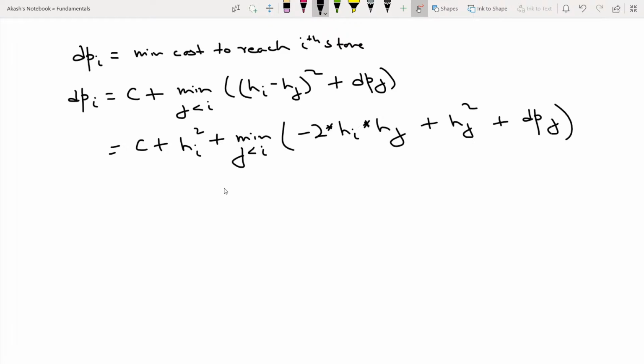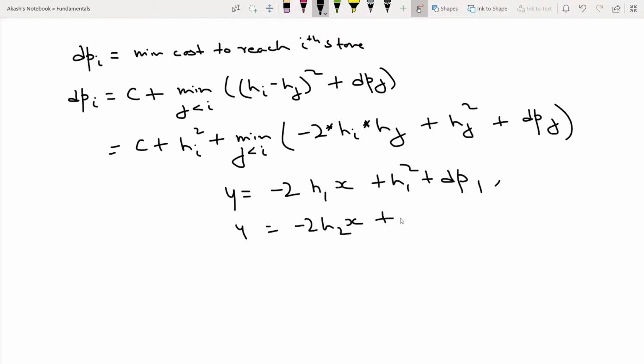So suppose we have all those straight line equations like this. Suppose we have y equals minus 2 h1 x plus h1 squared plus dp1, and we also have another line equation, y equals minus 2 h2 x plus h2 squared plus dp2.